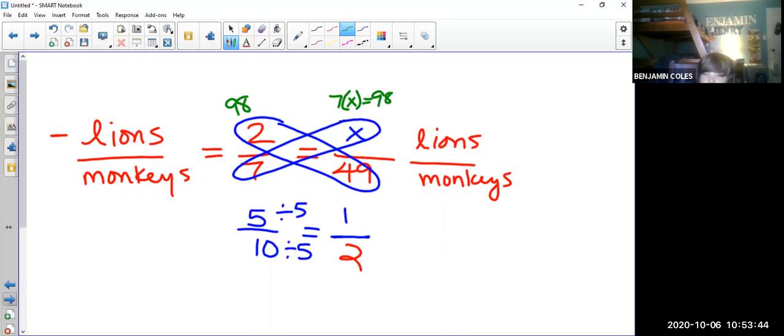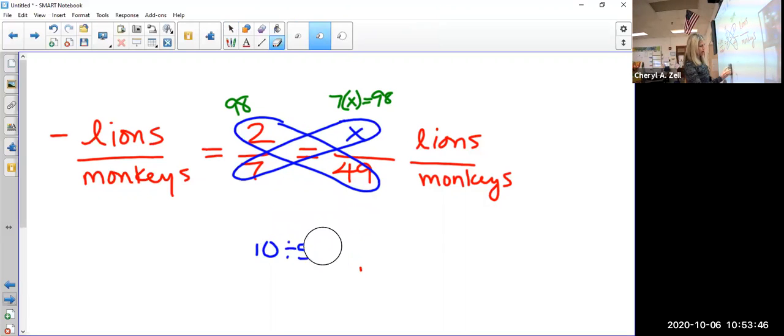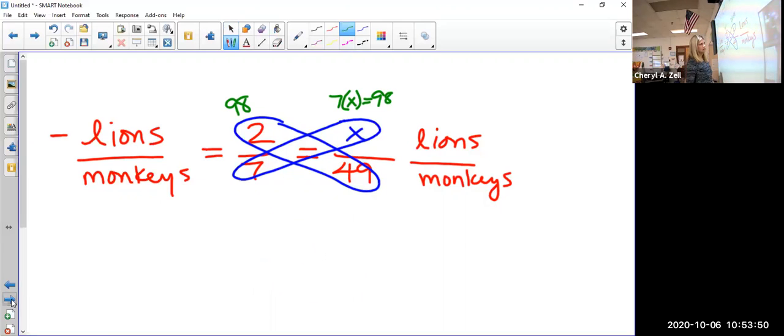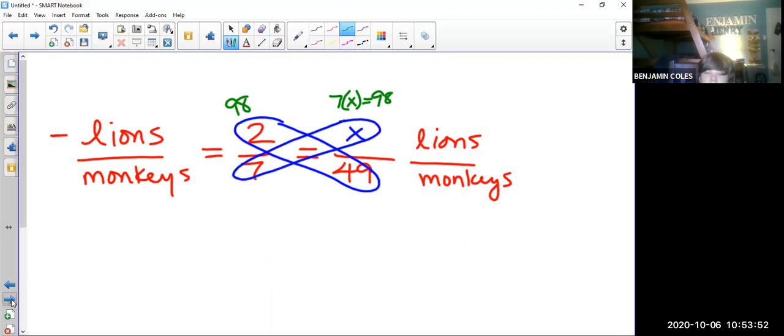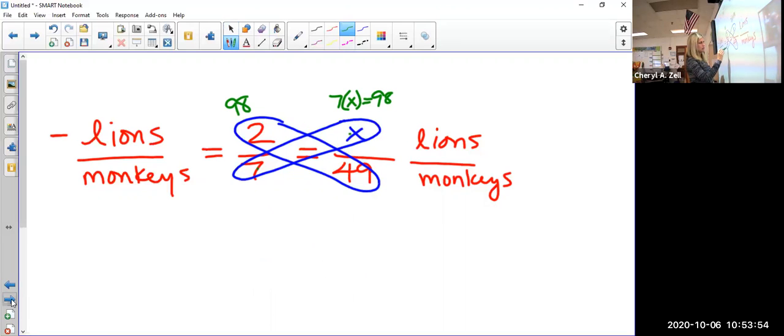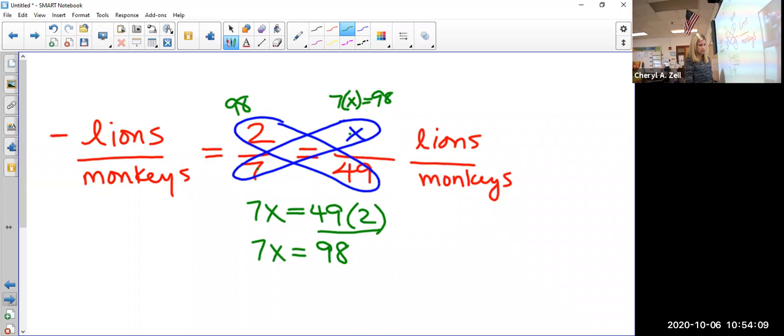Well, what you're going to learn in algebra is that we can solve this as an equation. You always start with the diagonal with your variable. So this is 7x equals 49 times 2. Well, just like with order of operations, I'm going to solve this first. So 7x we know equals 98.